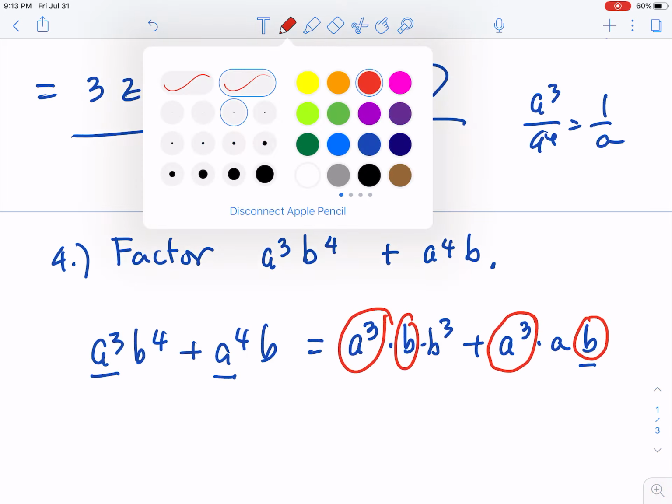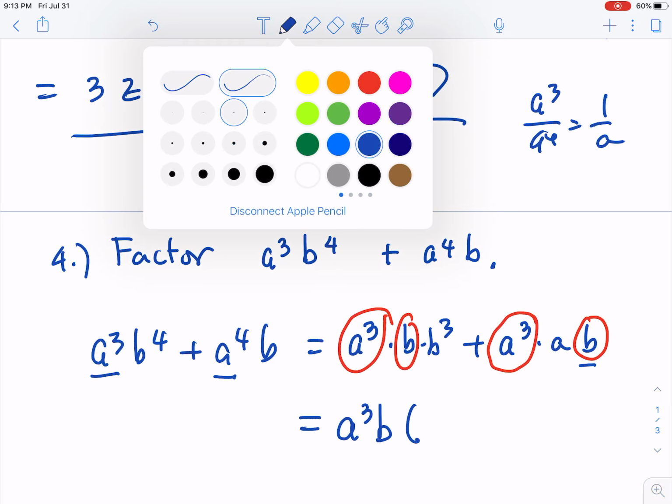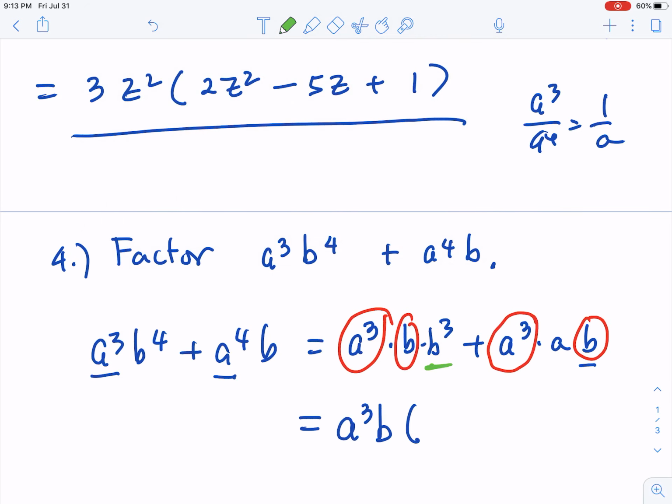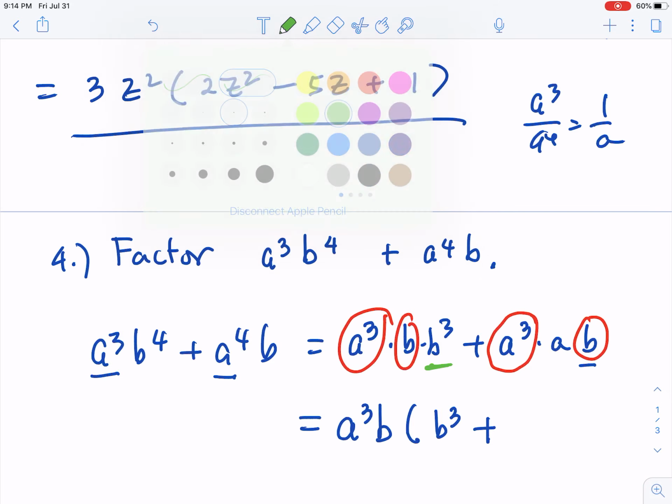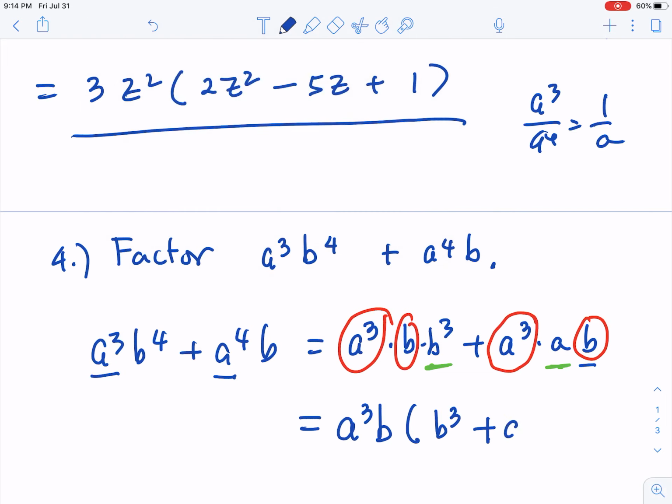So, meaning pwede ko ilabas yan. This is equal to a cubed b. Ano ang natira doon sa first term? That's b cubed. Ano ang natira sa second term? That's a. Okay, so ito yung ating sagot. A cubed b times quantity b cubed plus a.